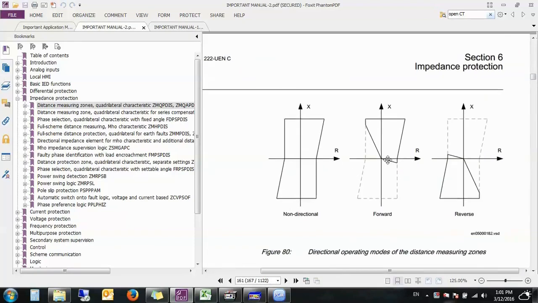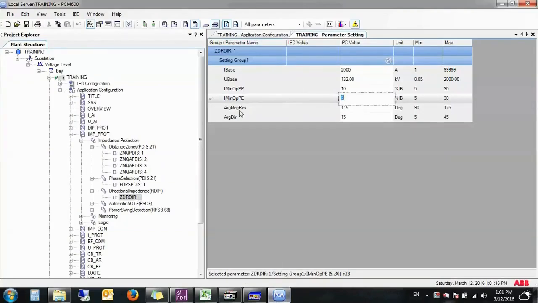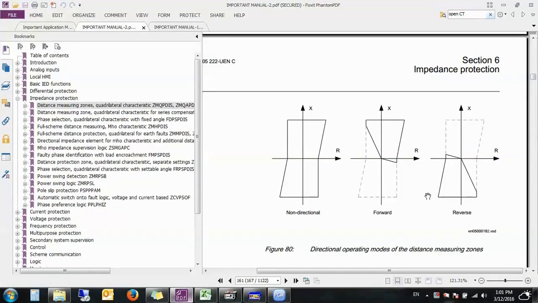Here, the angles for the directional degree mean you will come here in the manual, stop here at the 115-degree angle and draw a line. For the forward direction, of course, the rest is up to you in the format. So you come here in the manual, stop here at the ground, go up 15 degrees and draw a line. This starts the boundaries of your forward.